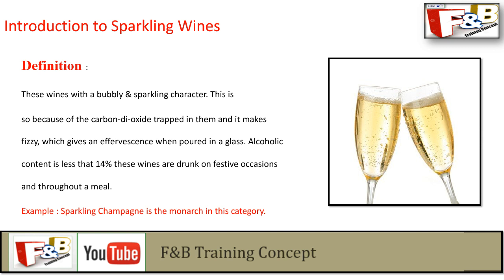Okay, alcoholic content is less than 14%, and these wines are drunk on festive occasions or throughout a meal. An example of a sparkling wine will be the most famous, champagne. Okay, and that will be it about sparkling wines. We'll move on to the next classification of wines.